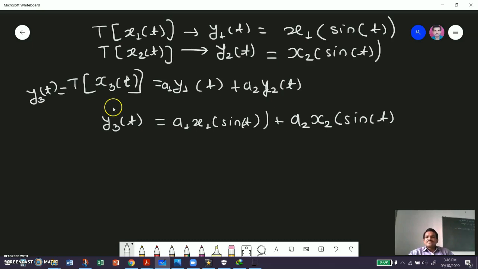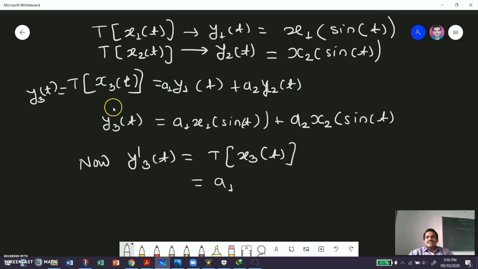Now what is y3 dash of t? It is nothing but the transformation applied on x3 of t, that is a1 x1 of t plus a2 x2 of t.